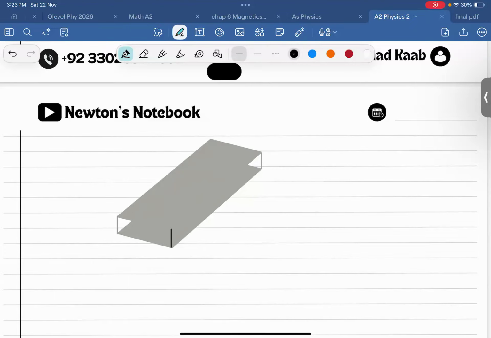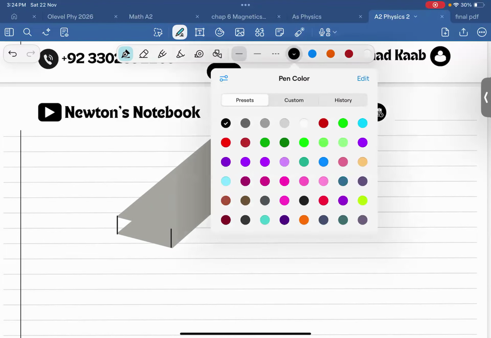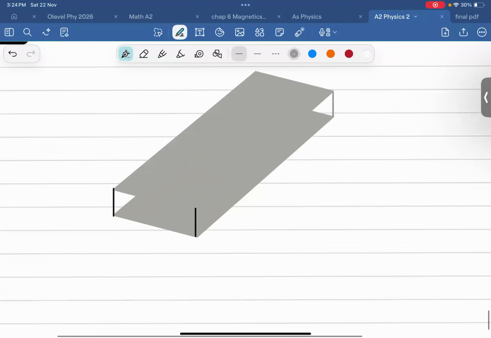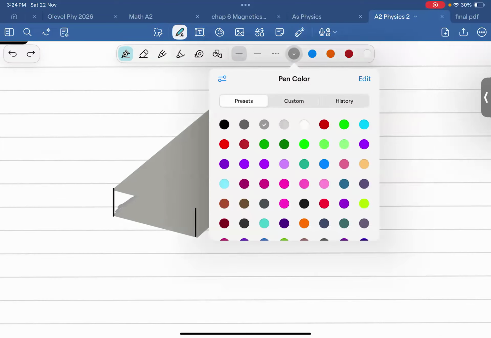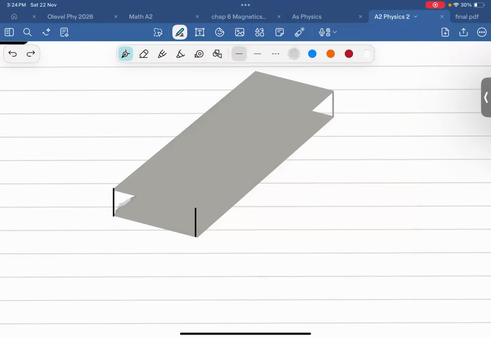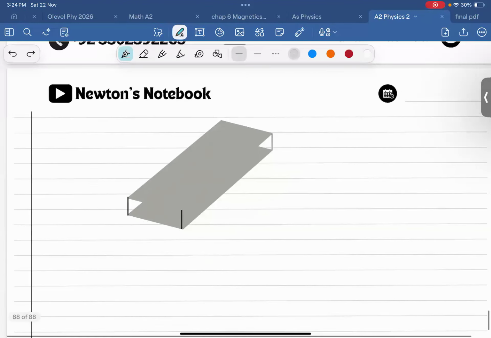Okay, so imagine that these are the four dimensions of the Hall probe material, and the current is flowing through it. Let's say I have the wire, and there's a current flowing in it.